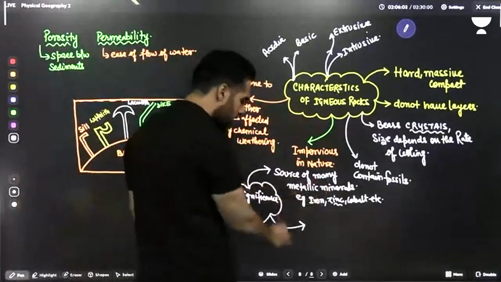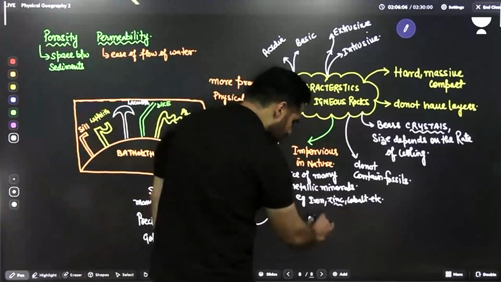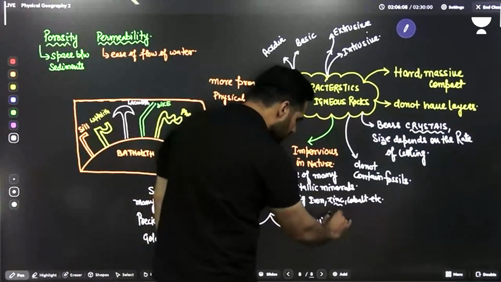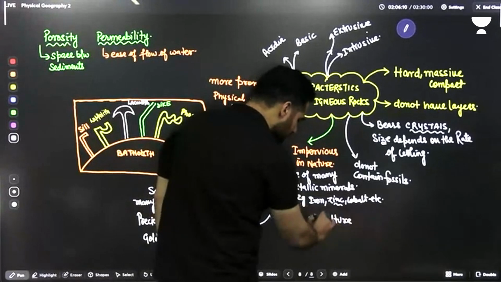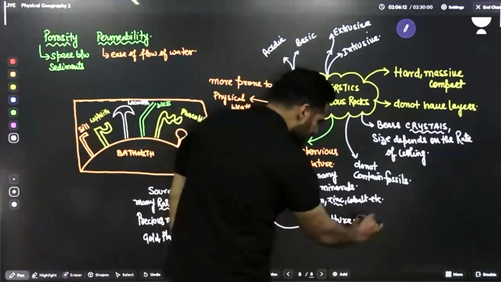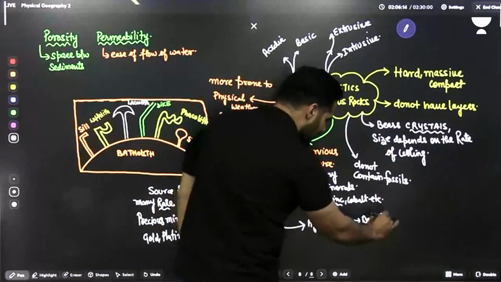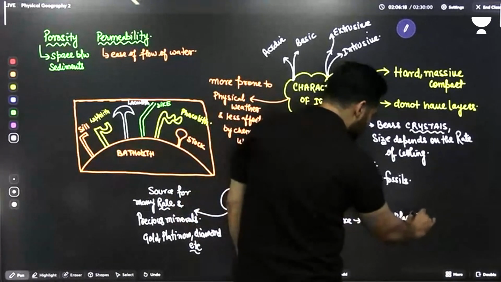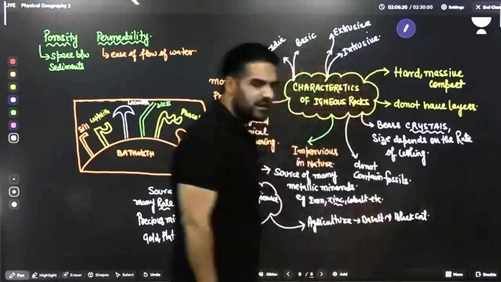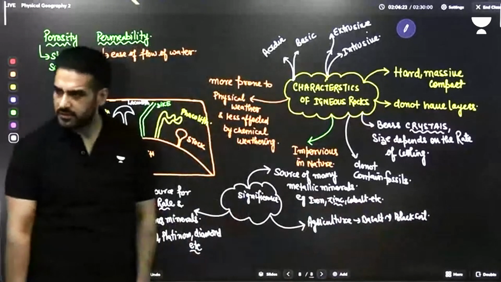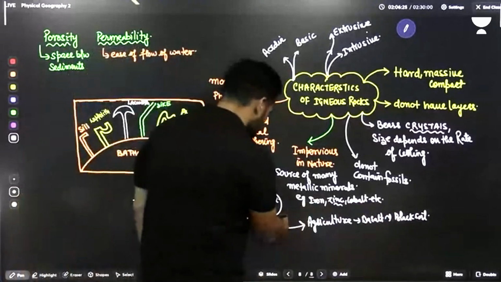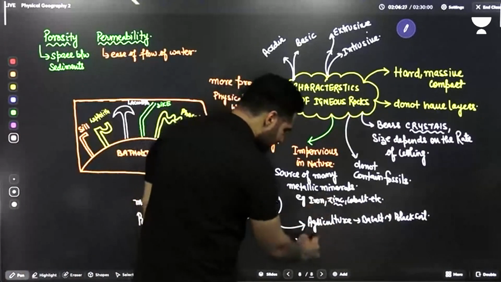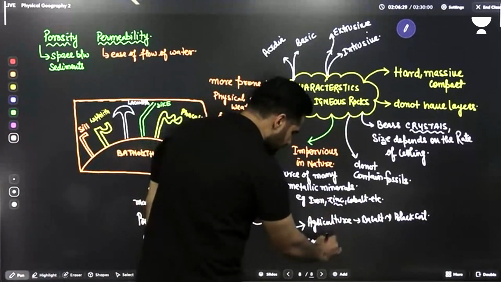Similarly, now come to the next. Metallurgical is done. Okay. It is used in agriculture. Where did we just study? Basalt. After disintegration it gives rise to black soil, favorable for crops like sugarcane and cotton. Is it clear? Similarly, apart from agriculture, it is used for construction.